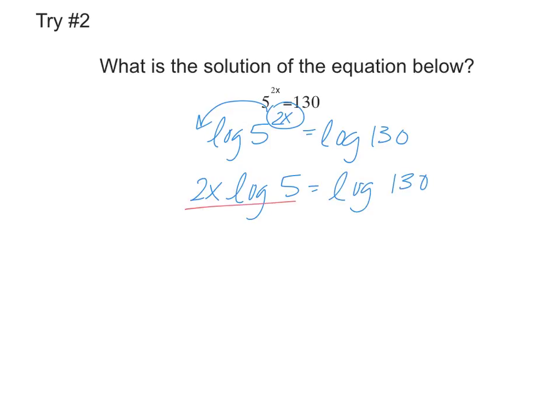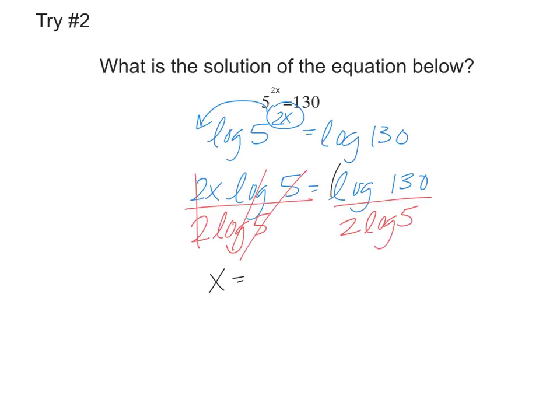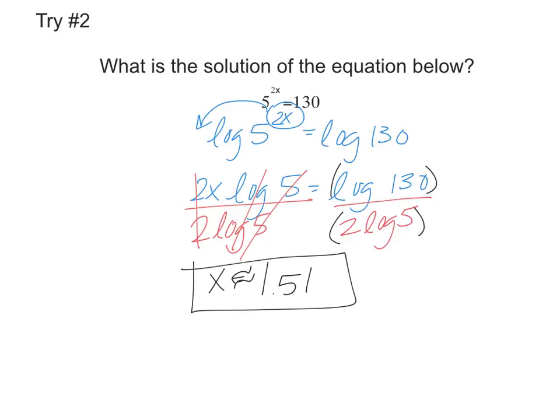Then finally, to get x by itself, we would divide by 2 log 5. So x is going to equal, and again, if you type this into your calculator correctly, you should get about 1.51.